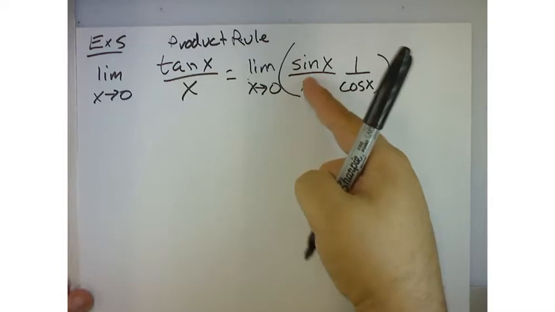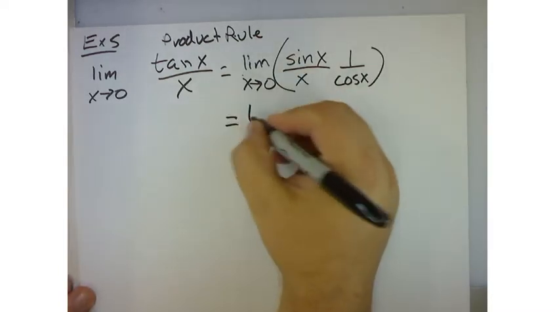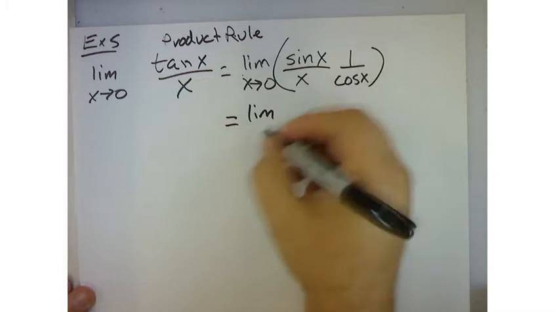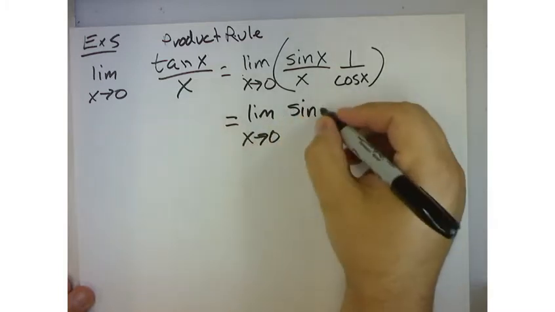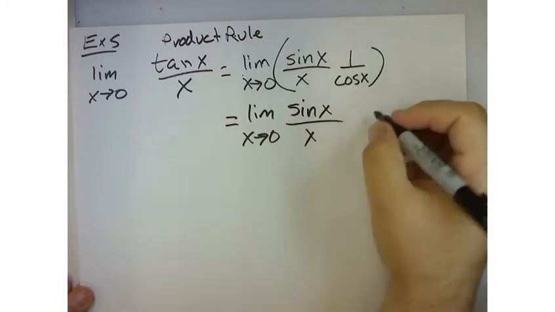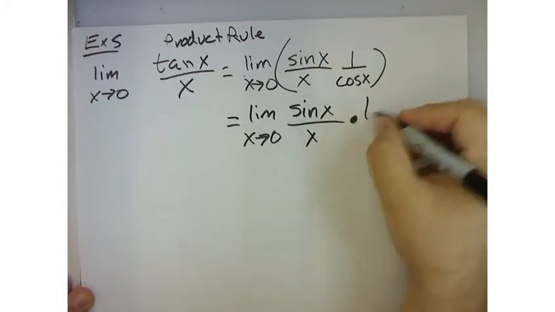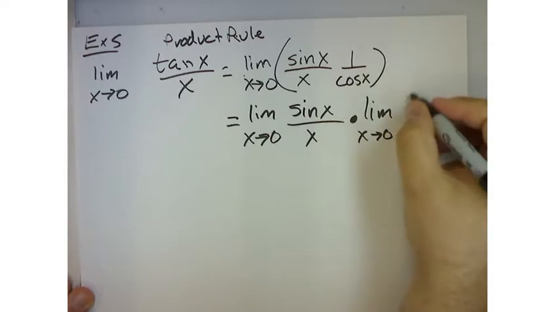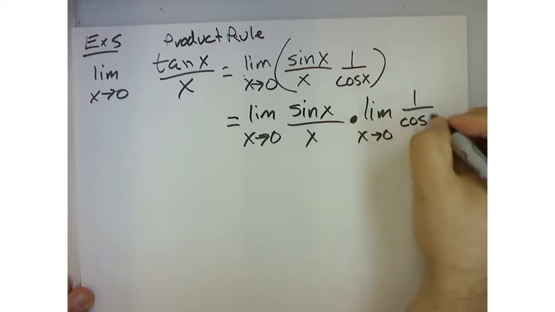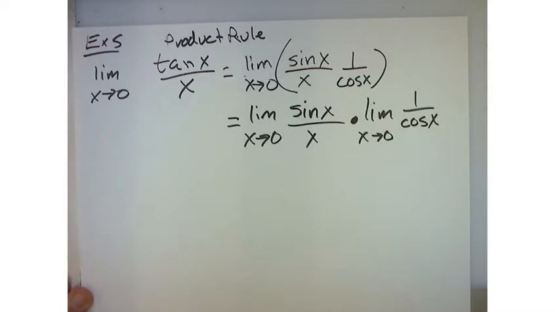So what this allows me to do is separate these and take the limit of this one, whatever it is, and then multiply it by the limit of this one. You guys with me so far?